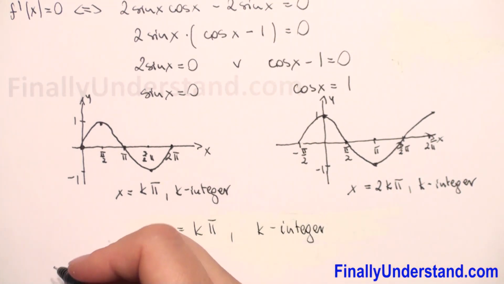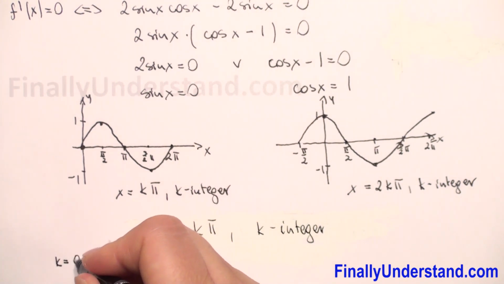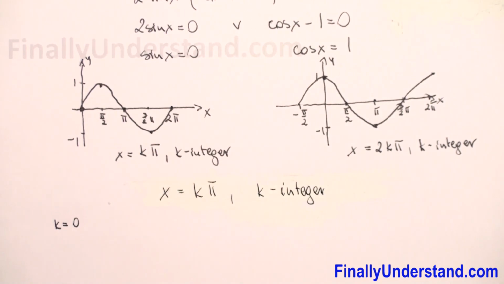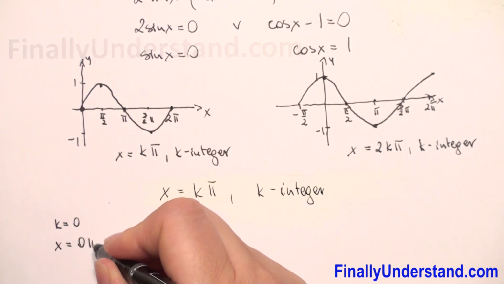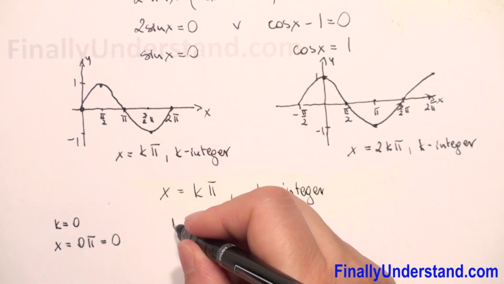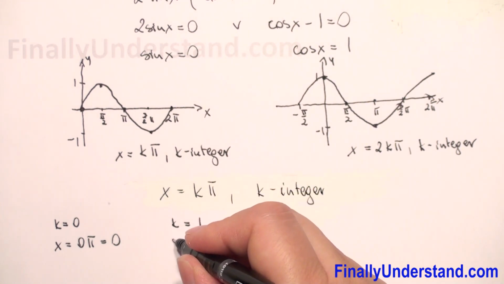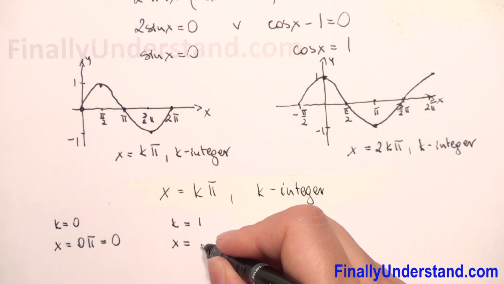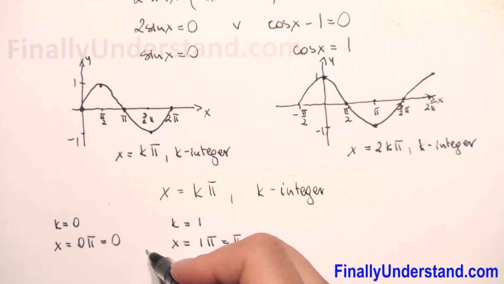So for example, for k equals 0, we have x equals 0 times pi, so it is 0. For k equals 1, we have x equals 1 times pi, which is pi.